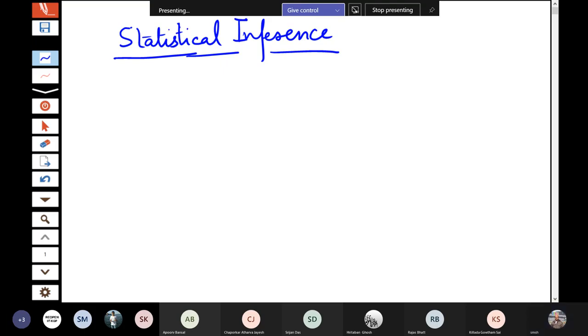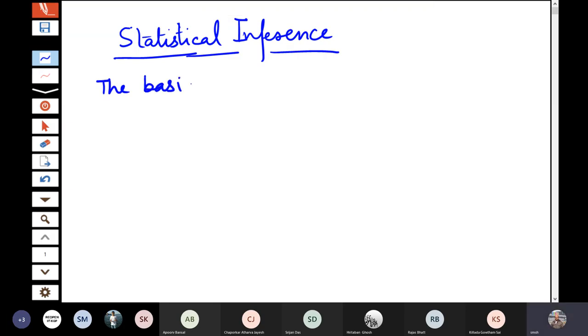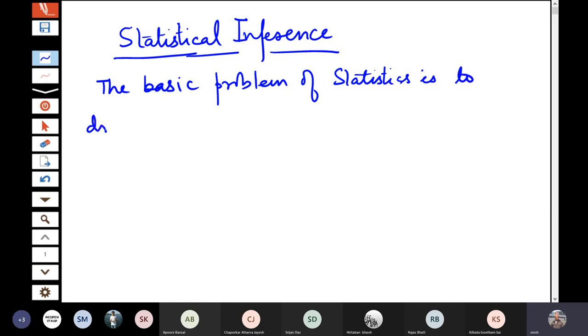So the basic problem of statistical inference, the basic problem of statistics, is to draw some inferences on a statistical population.